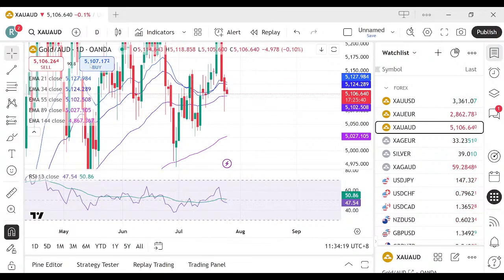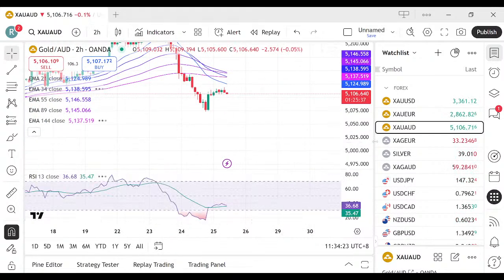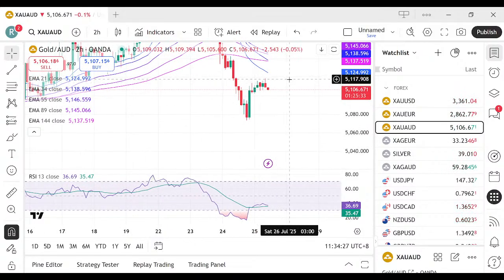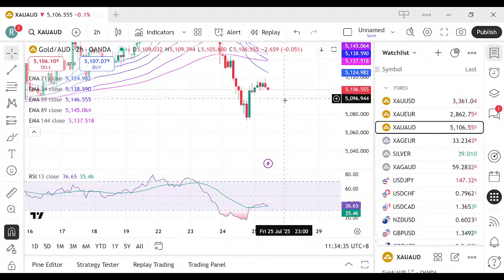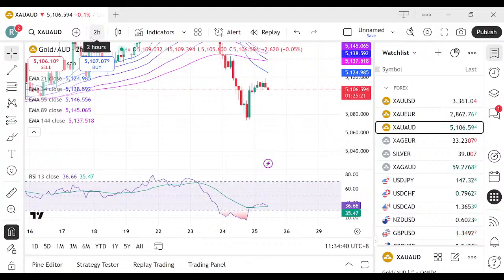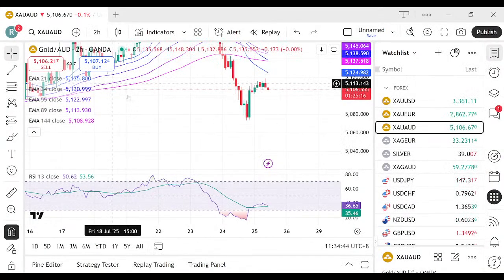So now if we go into in-depth analysis, the hourly, I think we have already seen the correction is already over, which means we should not see the price breaking this high, and we should see the price creeping lower. So let's get the two figures.